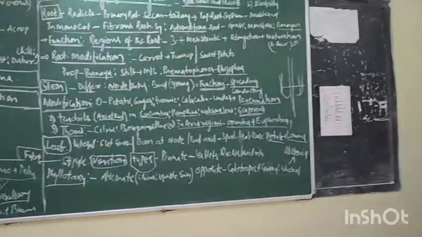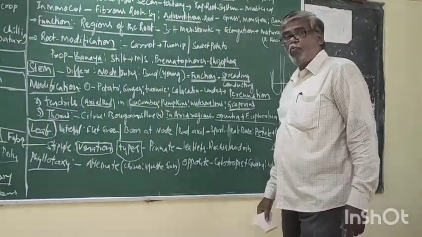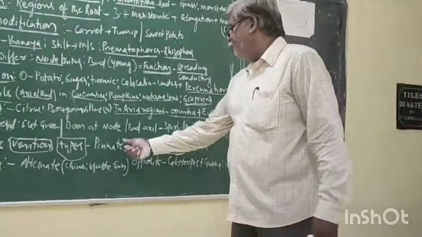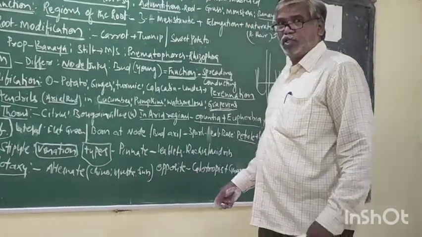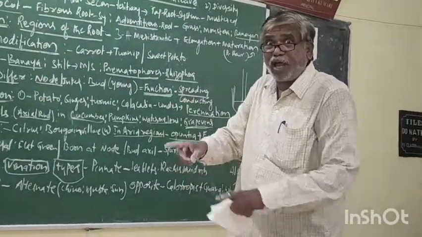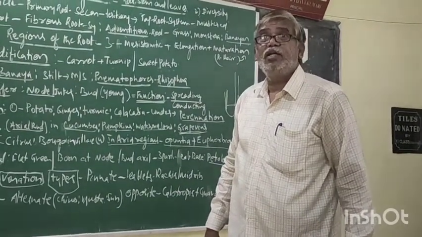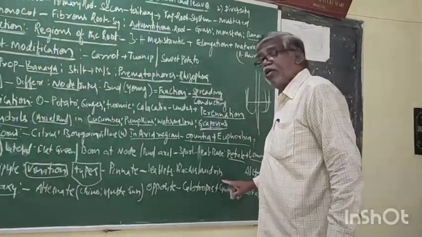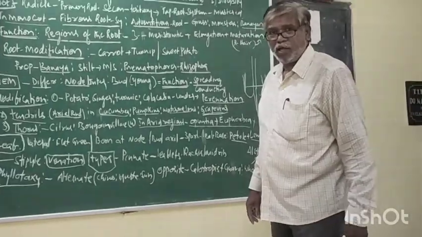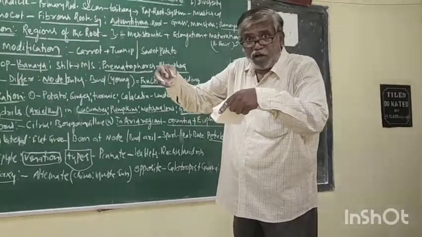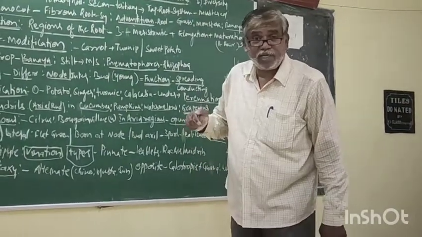Now the compound leaf is again of two types: pinnate and palmate. In pinnate, the leaflets are arranged on either side of the branch, which is the midrib or rachis. Take the example of neem. But in palmate, the leaflets originate at a common point, that is the petiole.